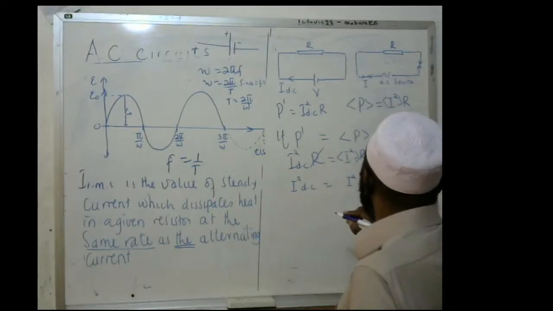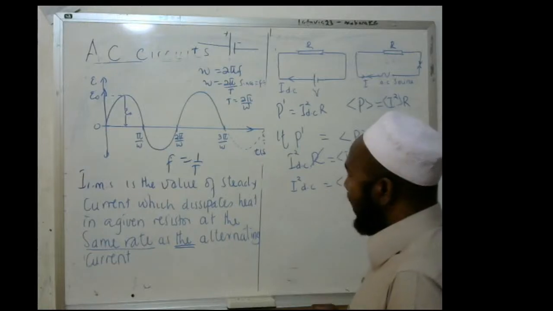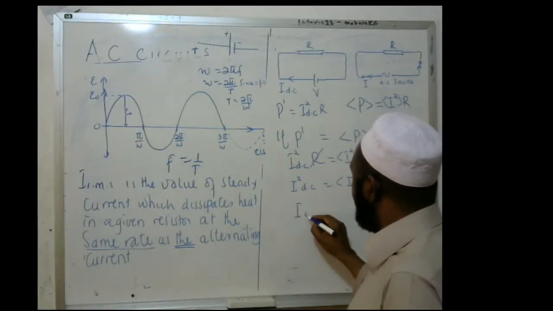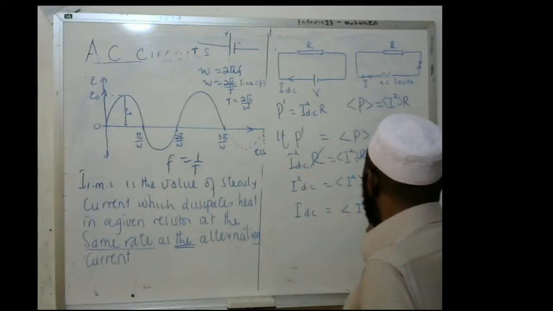And finally, it will imply that I DC, the direct current, is going to be equal to the square root of the average of I squared, and then we apply a root.